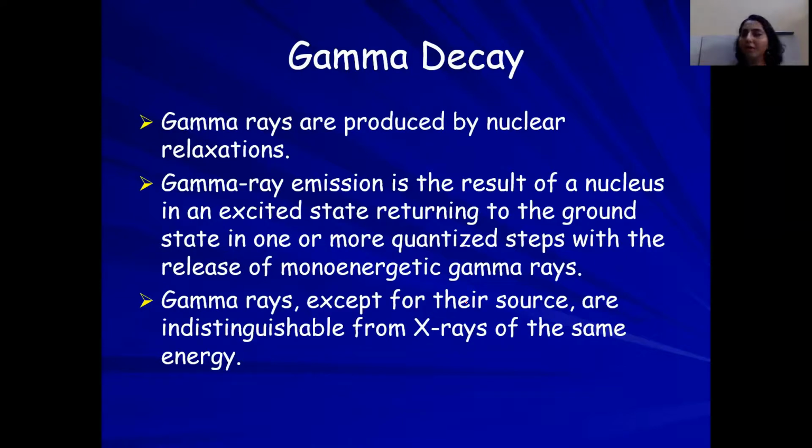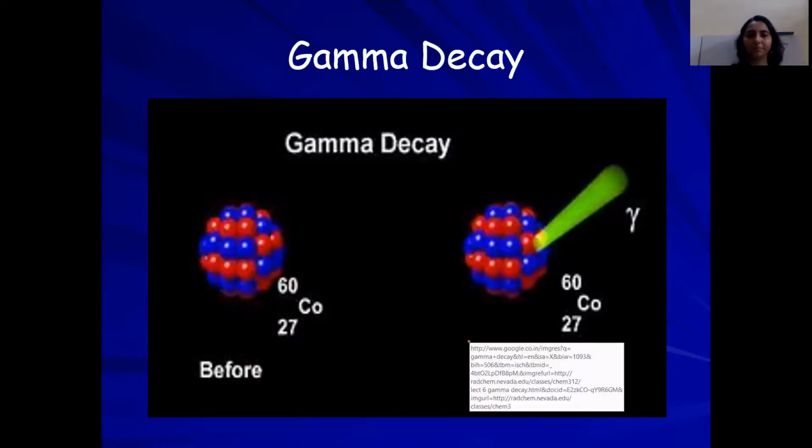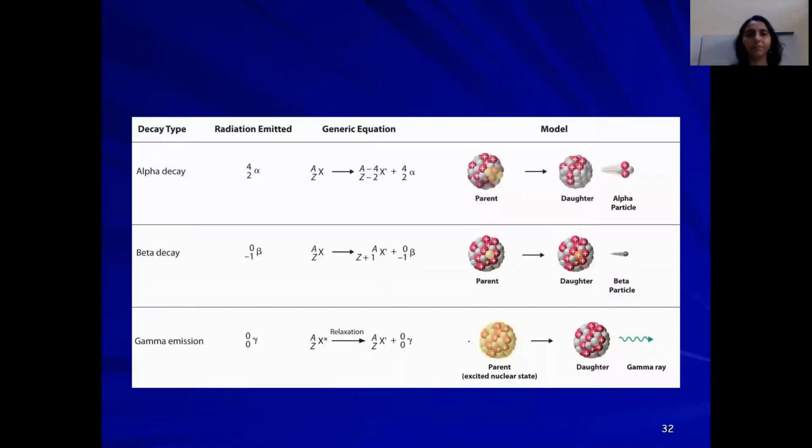Monoenergetic means it emits only one type of radiation. Gamma rays, except for their source, are indistinguishable from X-rays of the same energy. Here you can see before and after of cobalt. And this is all three put together, alpha, beta and gamma emissions, just for your reference.